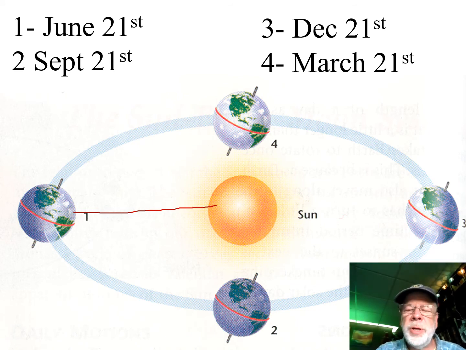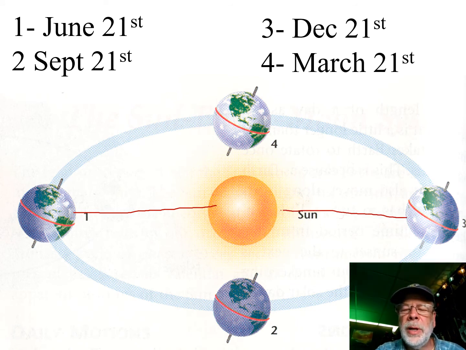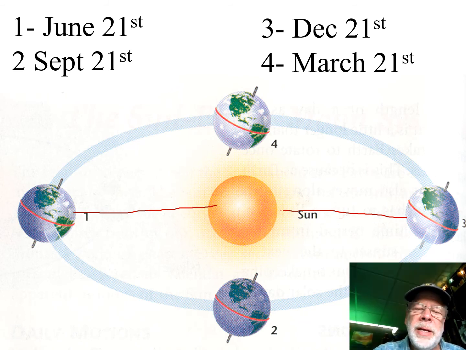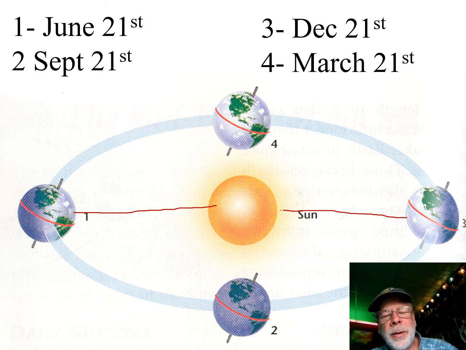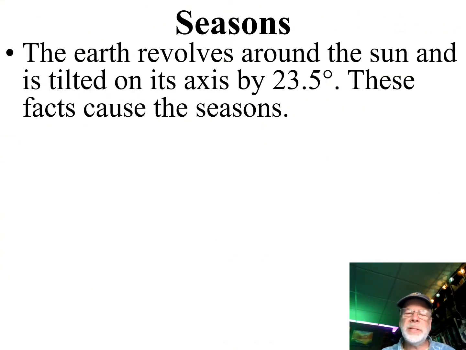If you look at position 3, where is the sun directly overhead? Well, it's somewhere in the southern hemisphere. If you look at position 4, which you can see clearly, the sun is directly overhead somewhere, oh, look at that, right on the equator. All right, and it would be on the equator as well in position 2. So this causes the seasons.